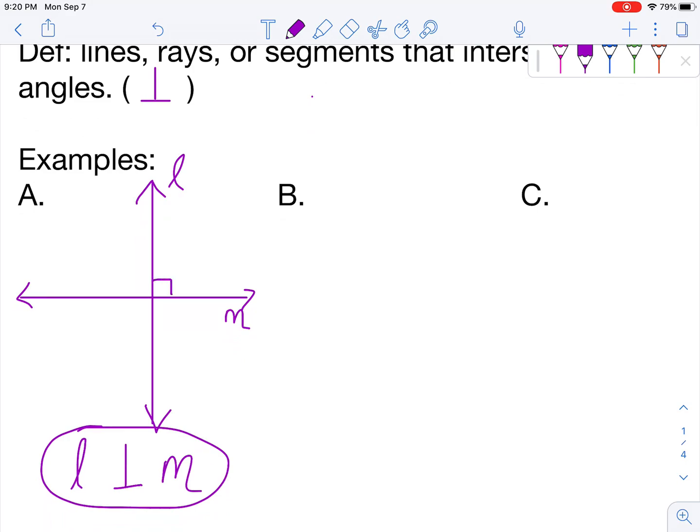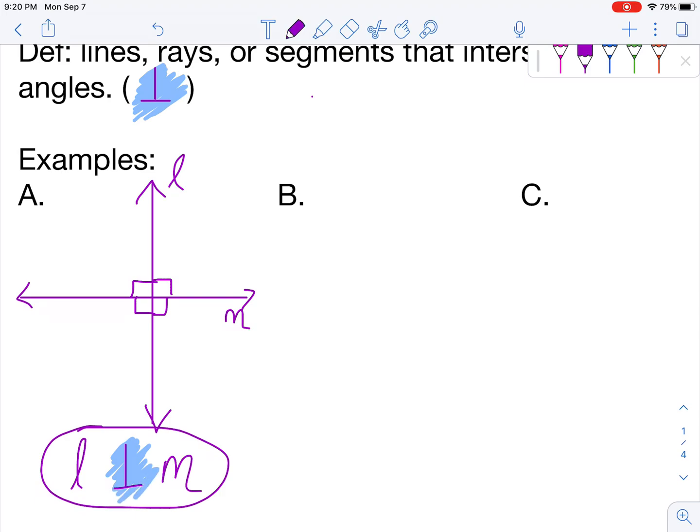So I know these angles are right angles. All 4 of those angles are right angles, okay? So when you see that perpendicular symbol right here, it's forming right angles, okay?